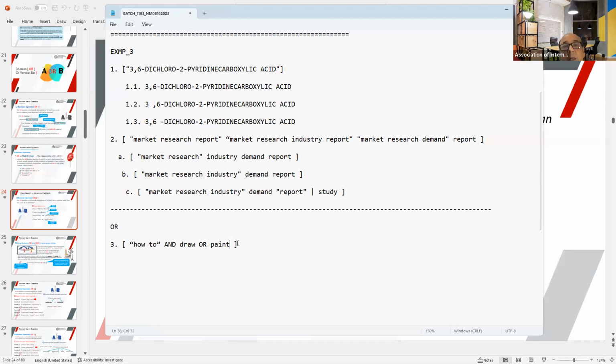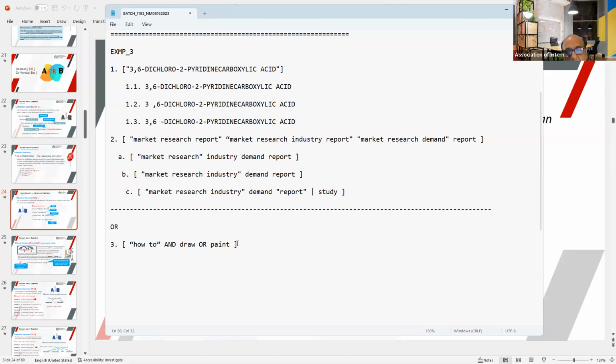Parentheses, by the way, a search engine like Google would not consider as an enforcer in defining your search. It would just ignore it totally.